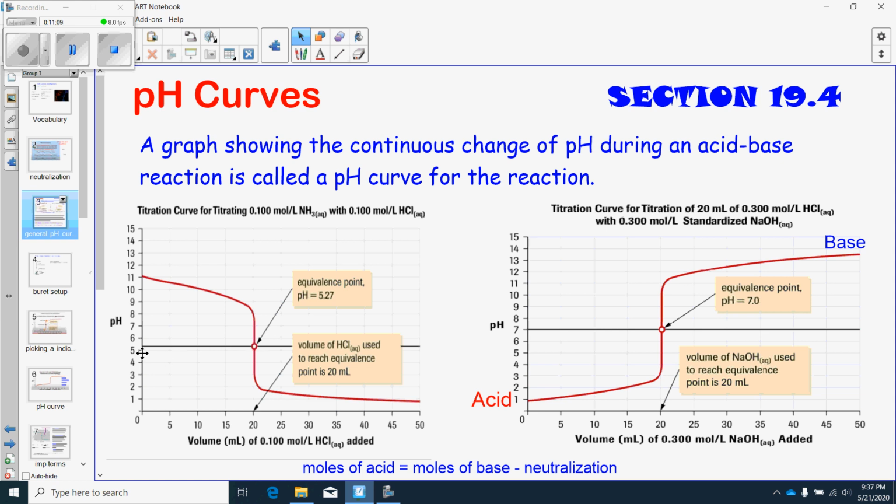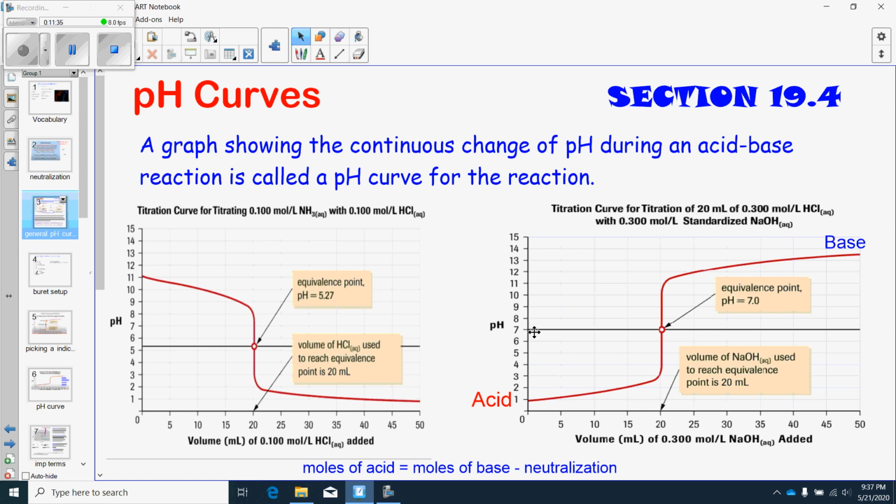A lot of people assume neutralization happens when the pH is 7. That is true over here in this case, and that tells me something about the acid and base that I'm using. Neutralization is what's happening right there smack dab in the middle, and it's called the endpoint. It's when neutralization occurs. In this case, if you trace it over, neutralization occurred at 7, and that's what we would predict, right?